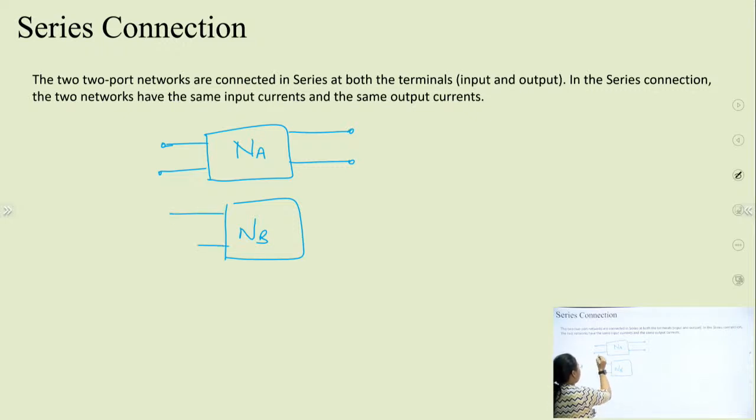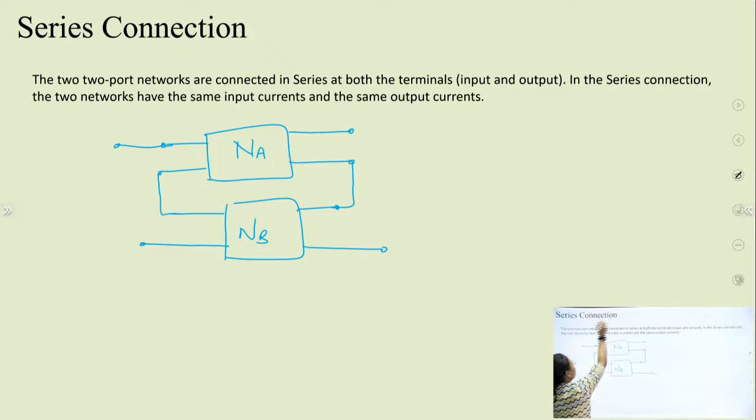Now for series connection, the connection will be like this. The negative terminal of network A will be connected to the positive terminal of network B at the input side as well as at the output side.